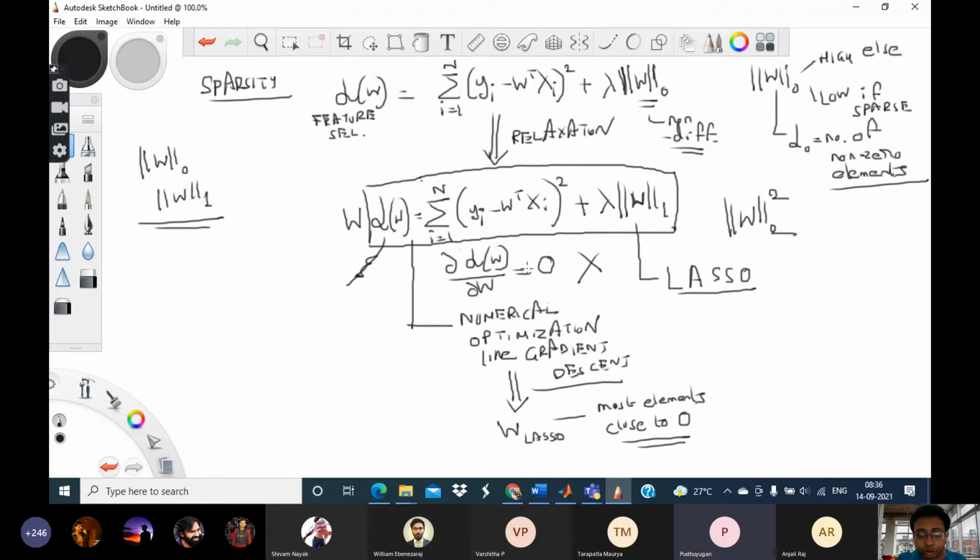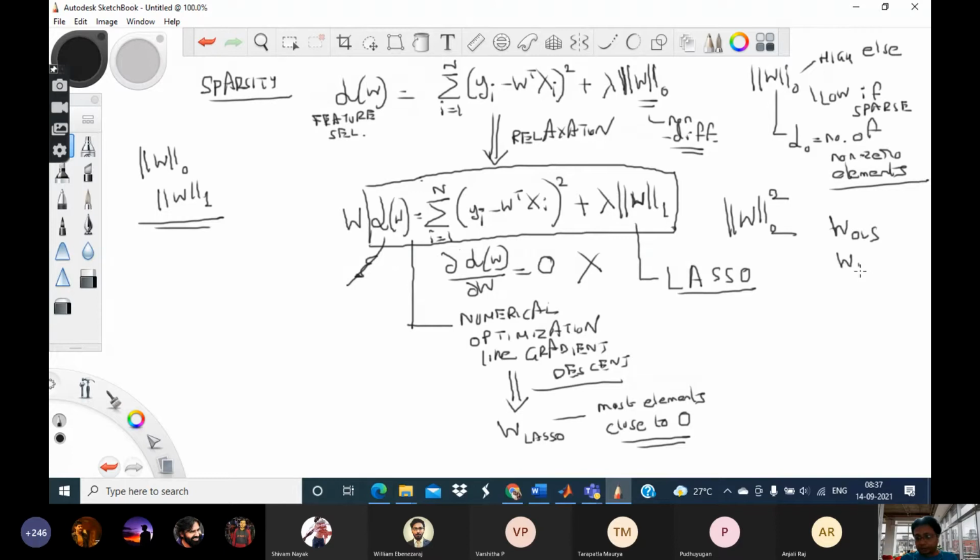Now we have got three possible ways to estimate the W. The first is W OLS, which simply minimizes the least squares without any structural property.